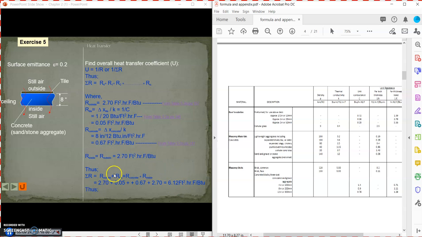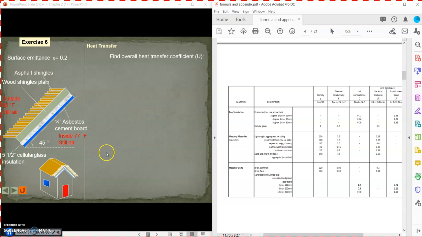To find U, it is equal to 1 over the sum of R. So 1 divided by 6.12 is equal to 0.16 here, right? 0.16. Alright, okay, this is for exercise 5.